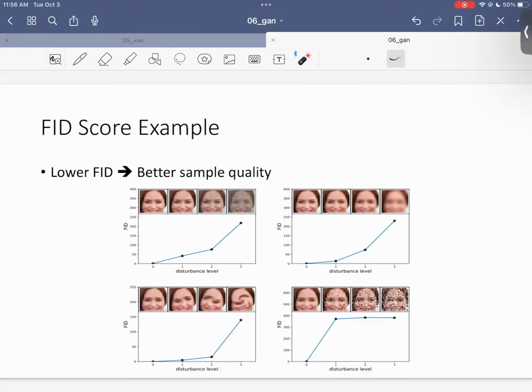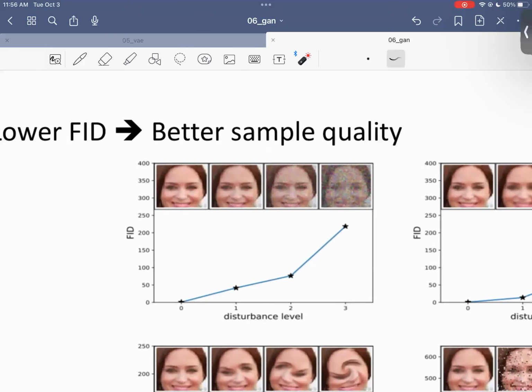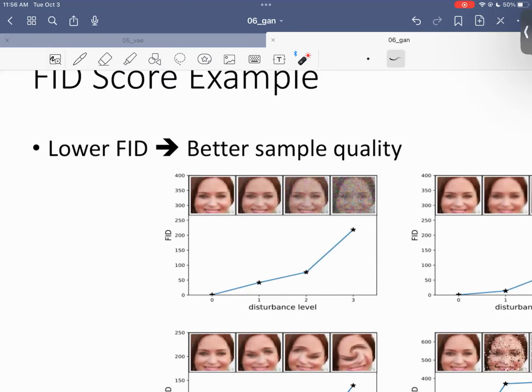The good thing about FID score is that it corresponds well to your visual intuition. If you start adding Gaussian noise, with disturbance levels like 0, 1, 2, 3, FID score increases. FID is a distance, so you want as low an FID as possible, right?